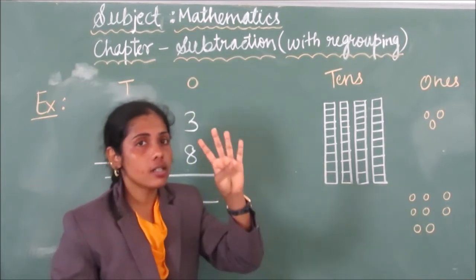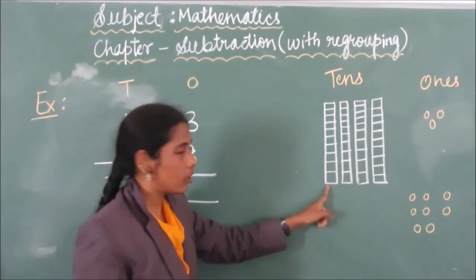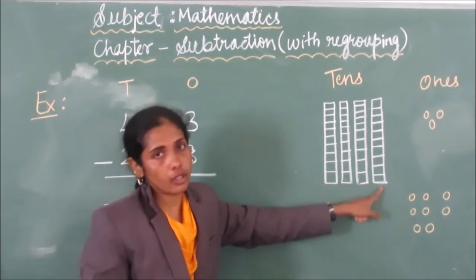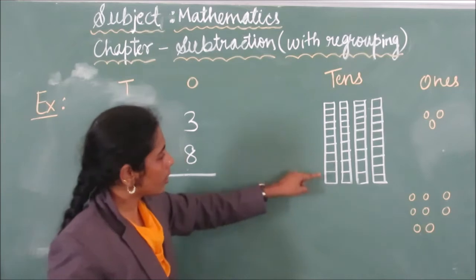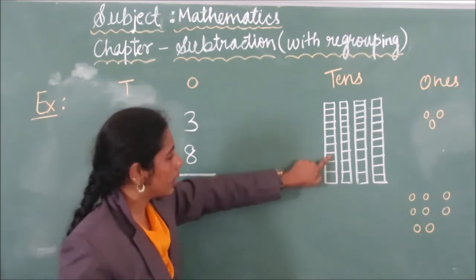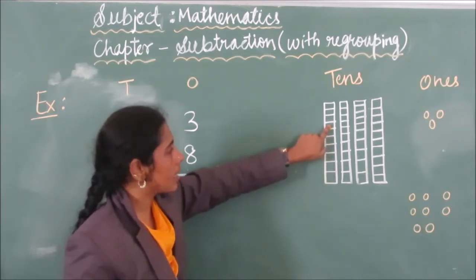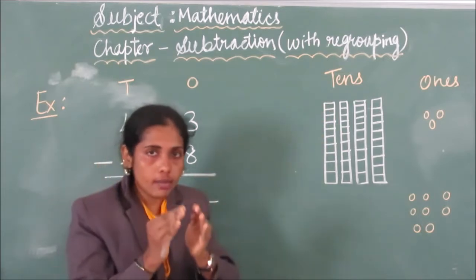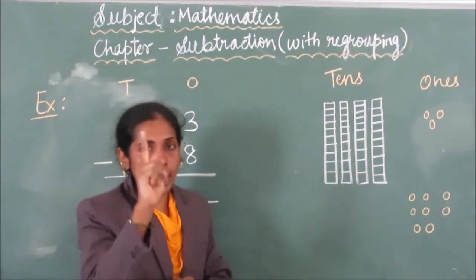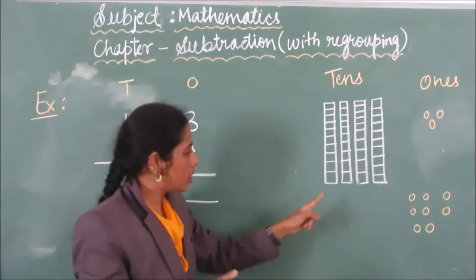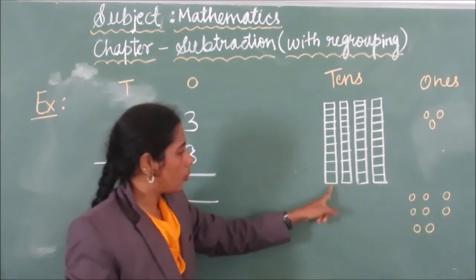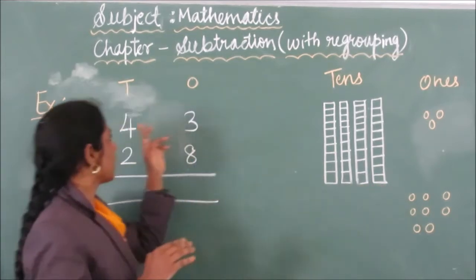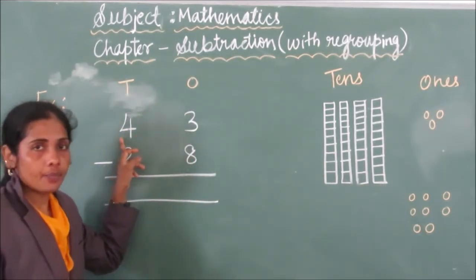Let me count one bundle: 1, 2, 3, 4, 5, 6, 7, 8, 9, 10. So 1 ten, 2 tens, 3 tens, 4 tens. 4 tens are there.